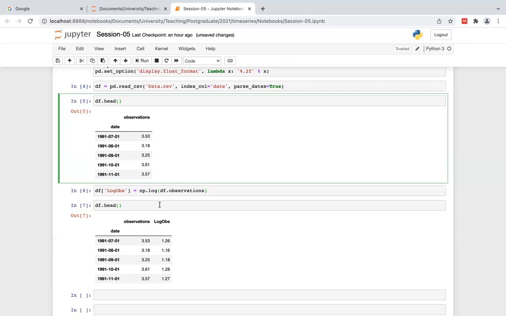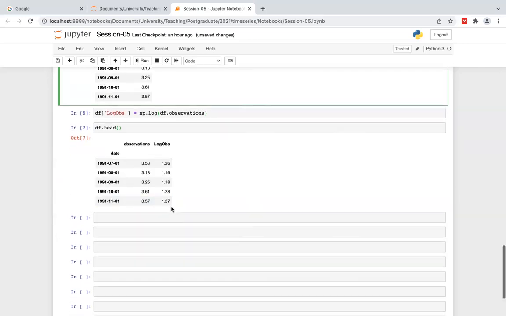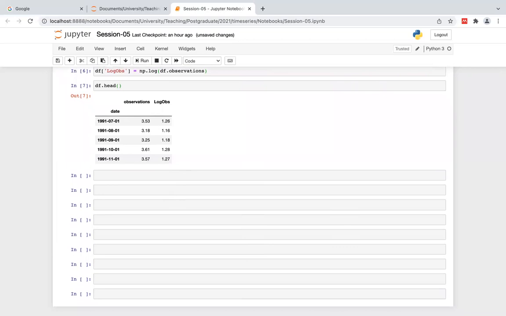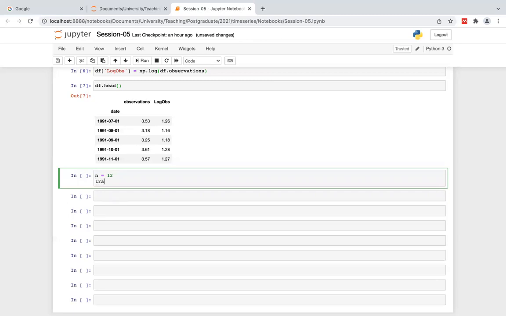That's why I initially create these two columns. Actually, not two columns. The existing column is observation. Then based on that, I get the log observation as well. Right. Good. Then, as usual, I split this data set into two, and I'm going to predict the next 12 months. Then the number of predictions would be 12, right? Then the train size would be df dot iloc, then I go into all data points from here to minus n tests.